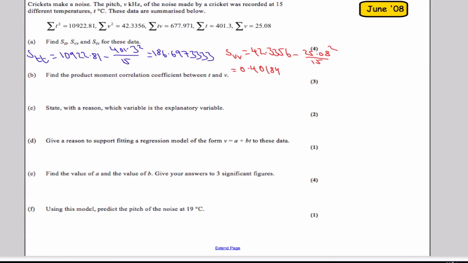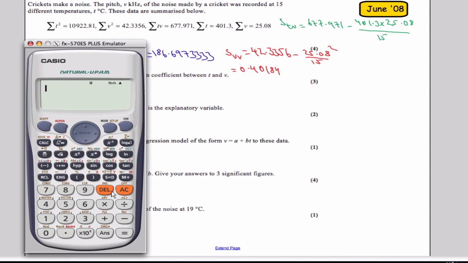0.40184. And then finally STV. STV is going to equal sum of TV, 677.971, minus sum of T times sum of V, 401.3 times by sum of V, 25.08, all divided by n, which is 15.